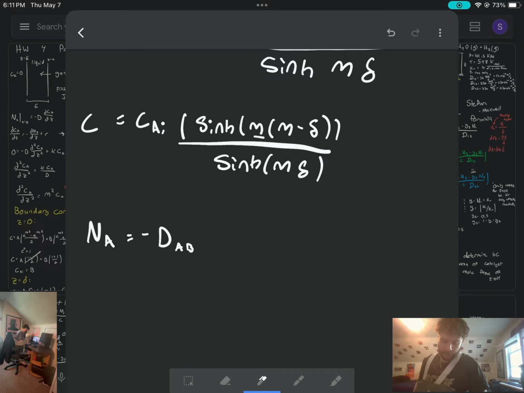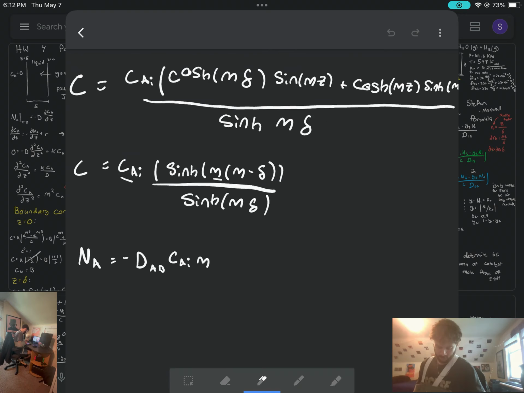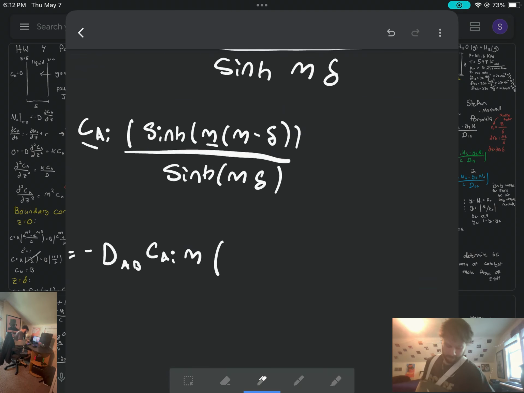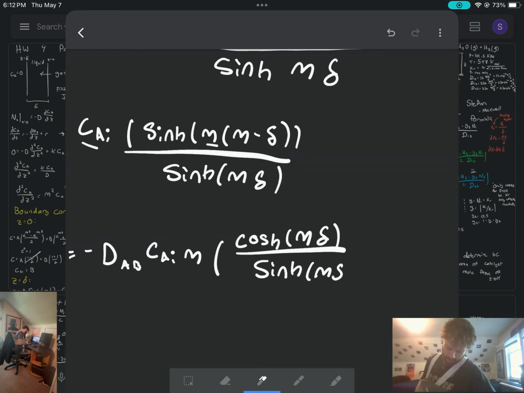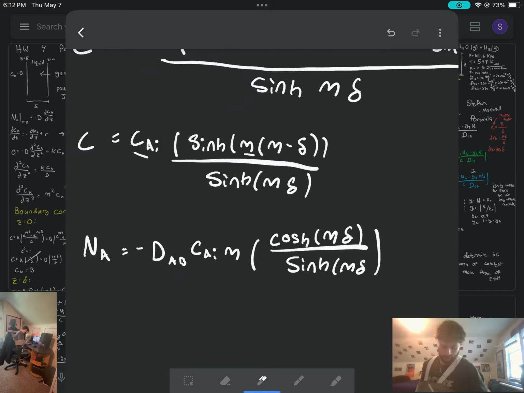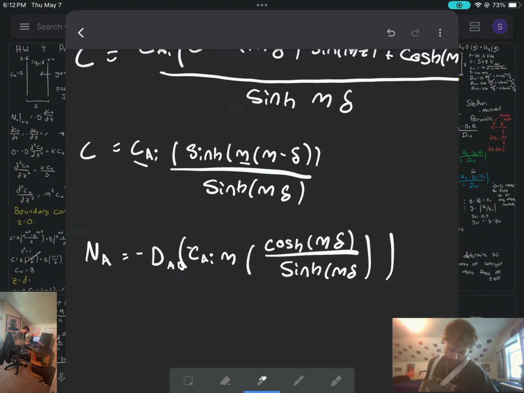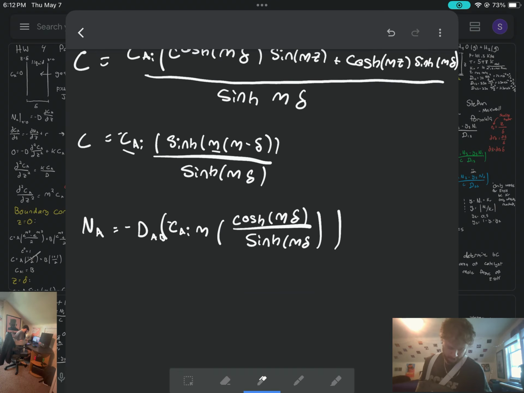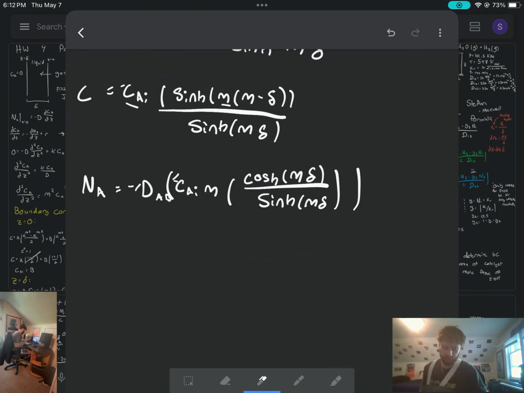Because our m and our concentration terms are not changing, we'll just take those out. Say concentration at interface times m times cosh m delta divided by sinh m delta. And this term is also negative. So these negatives will cancel.